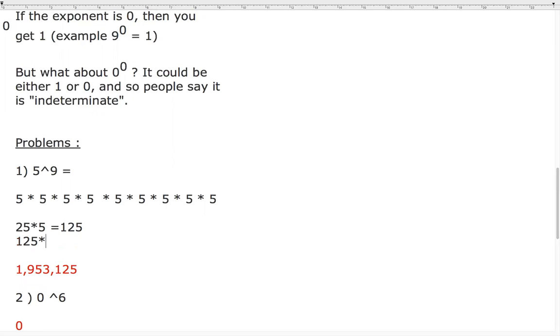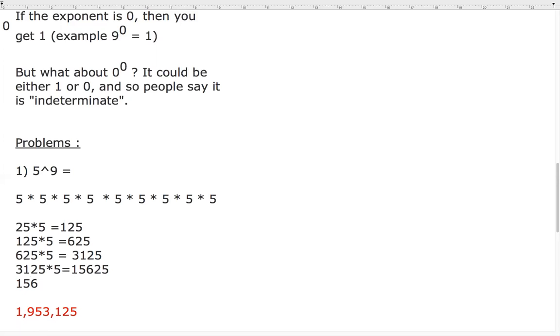And 125 into 5 is 625. Now 625 into 5 is 3125. 3125 into 5 is going to be 15,625. 15,625 into 5 is going to be 78,125.